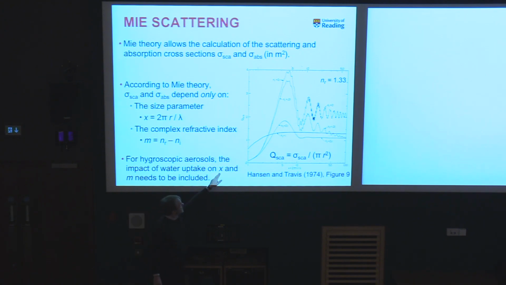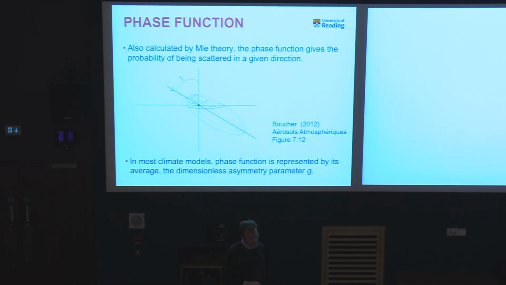So the size parameter will increase with water uptake, and the aerosol's refractive index will tend towards that of water for very hydrated particles. So that's two important things that Mie theory allows us to compute: the absorption and scattering cross-sections.